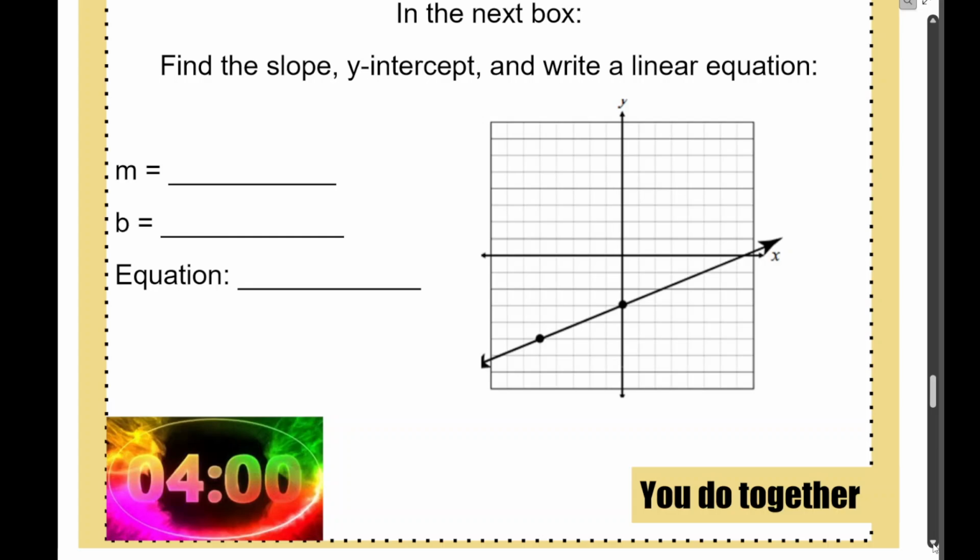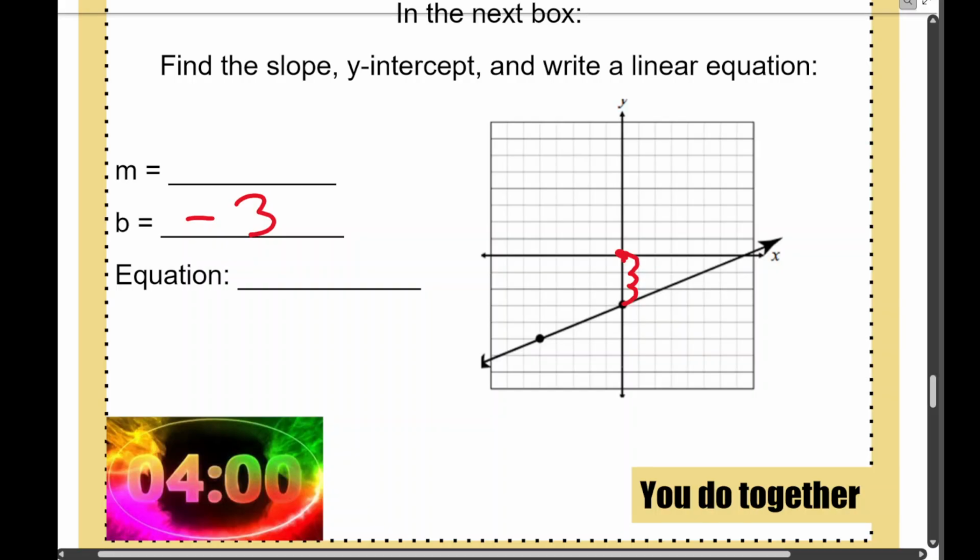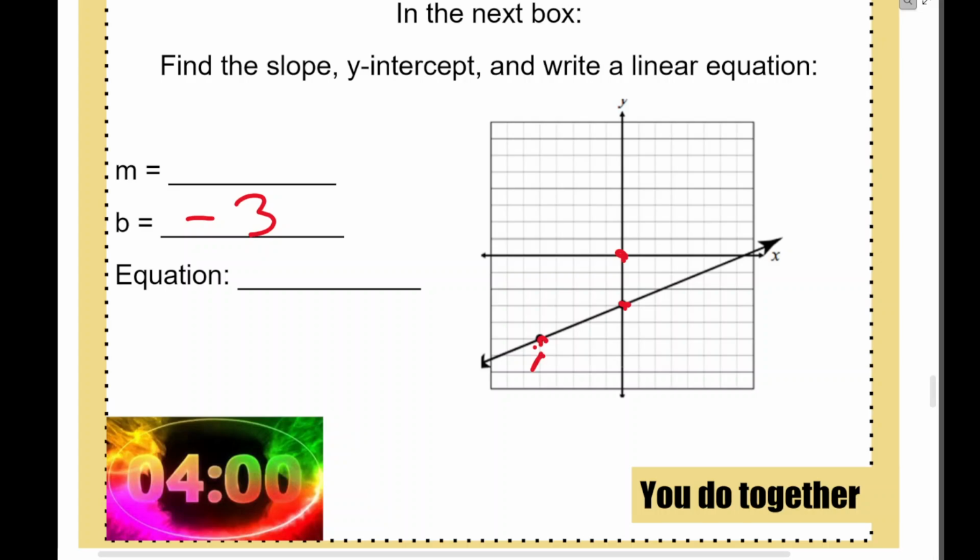Here we go. So your y-intercept, again, starting from the origin, you would go down 1, 2, 3. Since you're going down, it is negative 3. Now we're traveling from this point to this point, from here to here, because you're always reading from left to right.